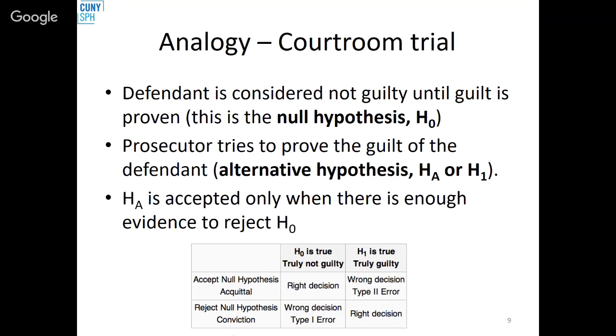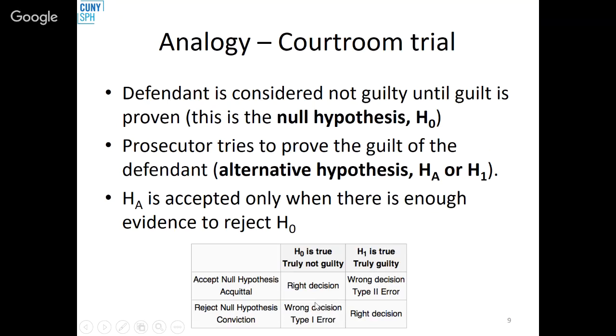And then in the end, you have to submit either an acquittal or a conviction, and maybe you get that right, and maybe you get it wrong. And there's two kinds of ways you can get it wrong. The first way is if the null hypothesis is true, so you have an innocent defendant and you deliver a conviction. That is what is called a type 1 error.